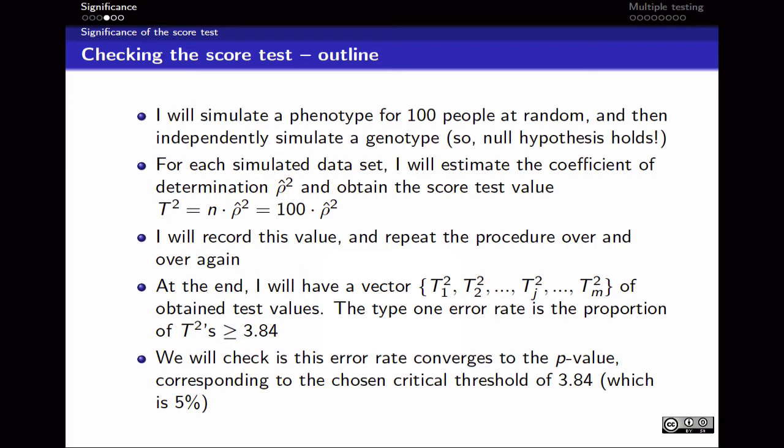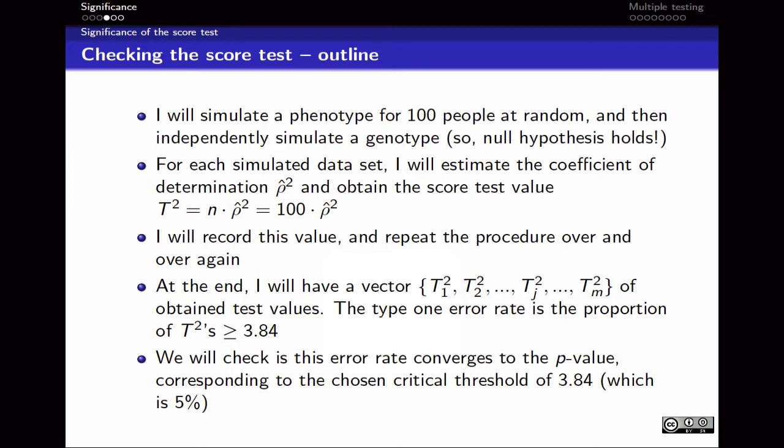At the end I'm going to have a vector of these test statistics, and in these repeated experiments we assume the critical value of 3.84. So as soon as in any experiment we obtain a test statistic more than 3.84, this is a type 1 error event, and the type 1 error rate would be the proportion of these statistics over 3.84.